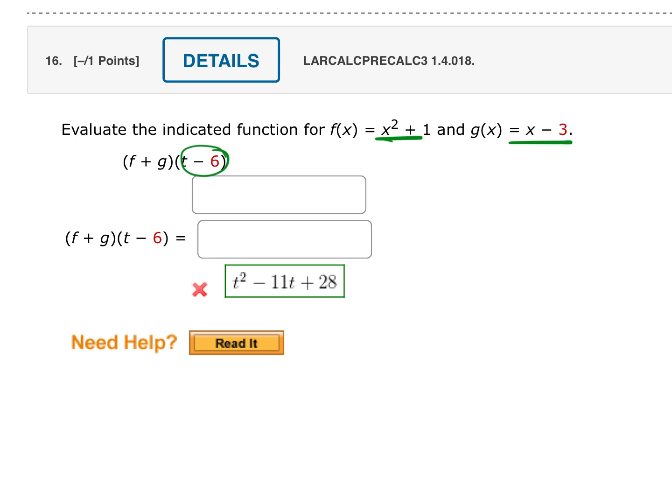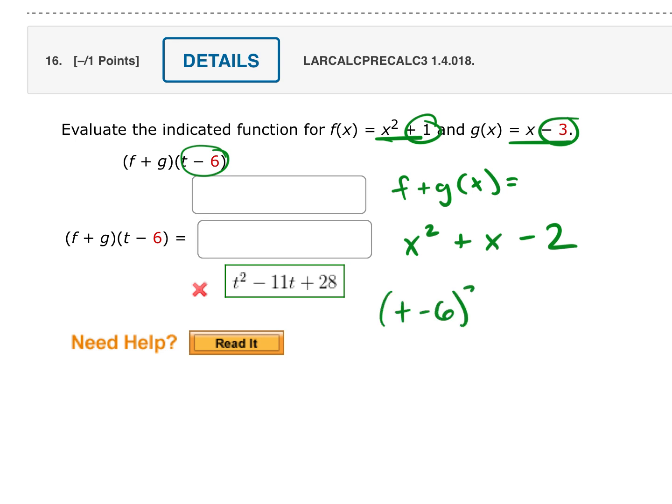I'll add it together, so I'll find f plus g of x first, and then I'll plug it in. So this would be x squared plus x, and then our like terms would be minus 2. Then we would take t minus 6 and plug it in. So t minus 6 squared plus t minus 6 minus 2.